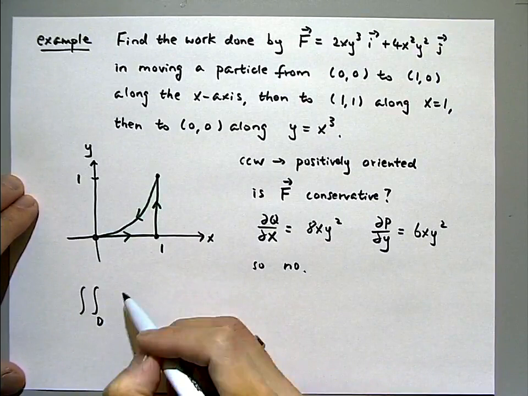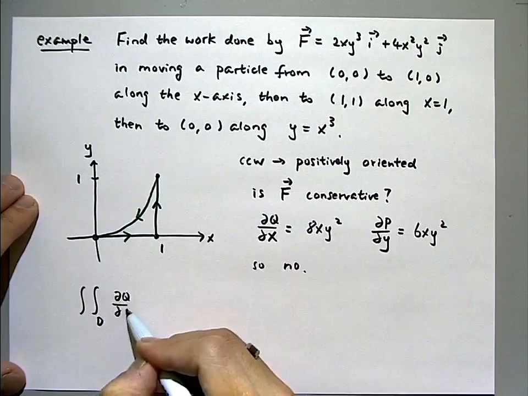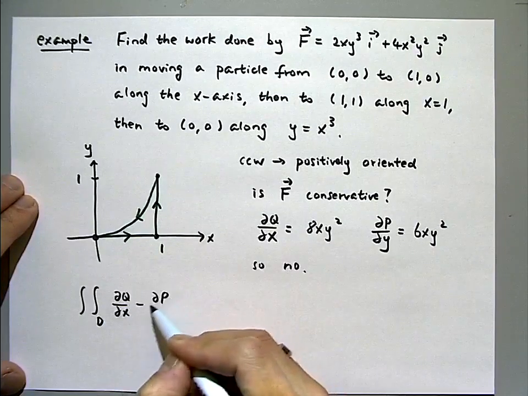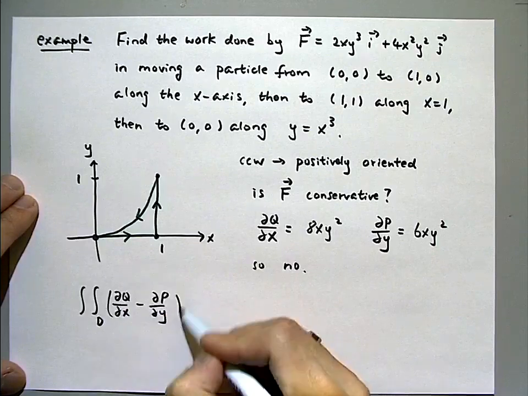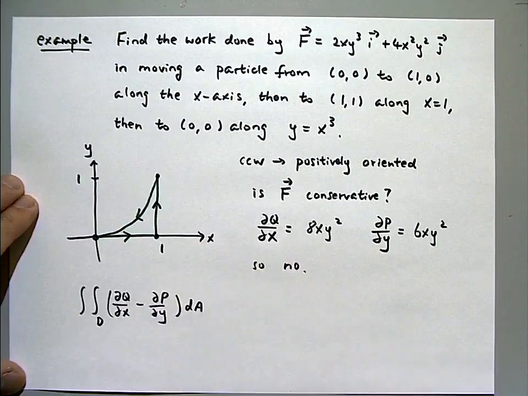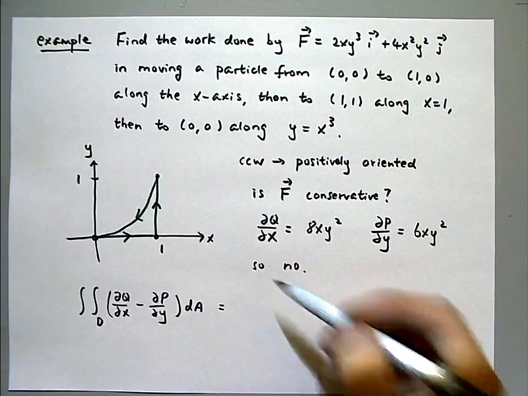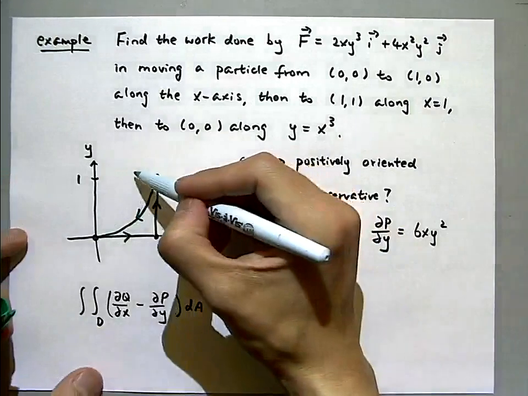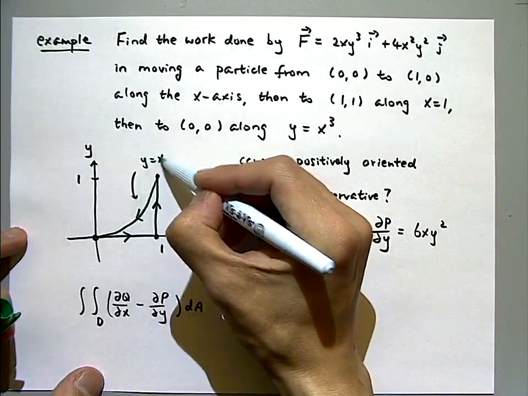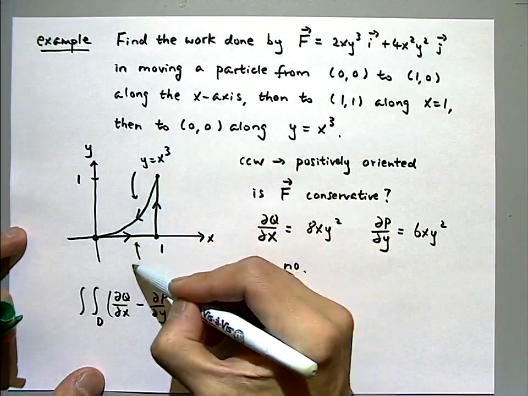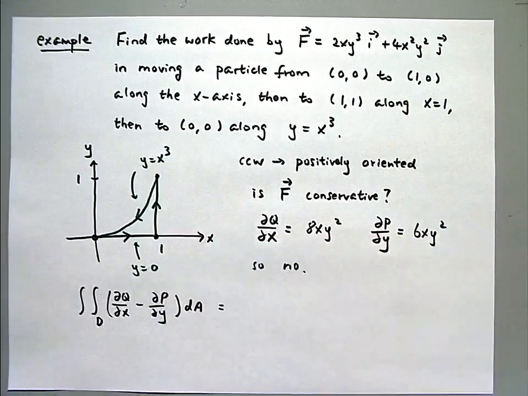Integrate over the region D the difference between Q_x and P_y, dA. The region that's enclosed by this path C up here, this almost triangular kind of region, can be described as a type 1 or type 2.